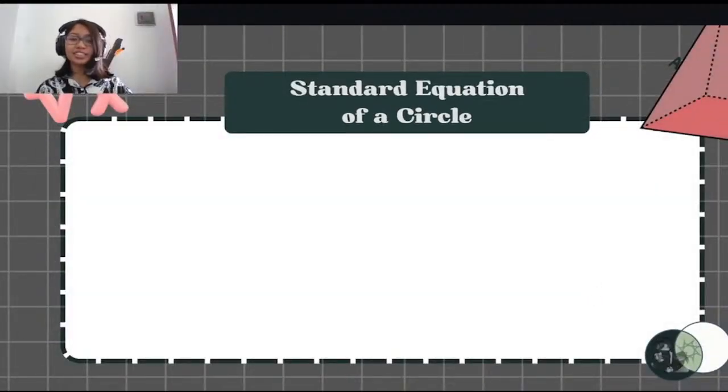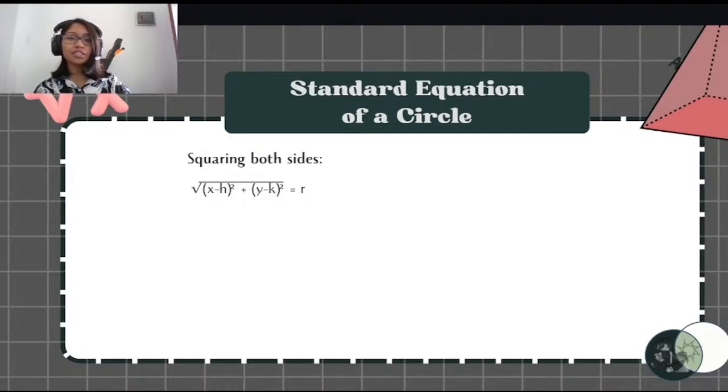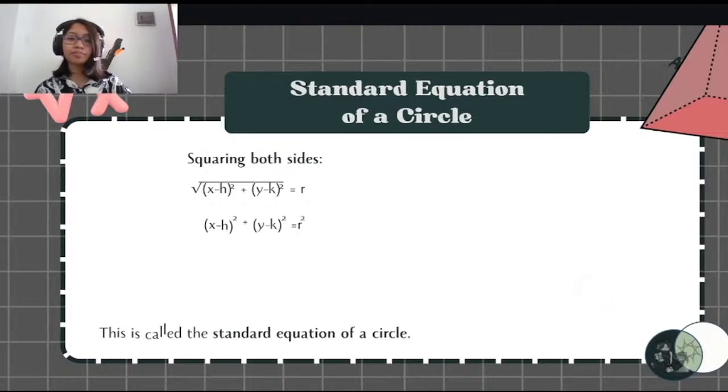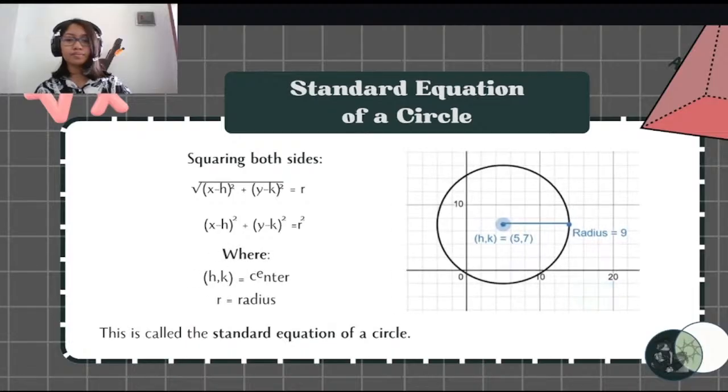Now, let's discuss the standard equation of a circle. By squaring both sides of the distance formula that we have in the previous slide, square root of quantity x minus h squared plus quantity y minus k squared equals r, we derive the standard equation of the circle: quantity x minus h squared plus quantity y minus k squared equals r squared, where h k is the center and r is the radius.